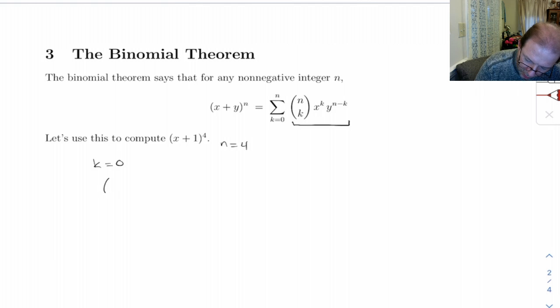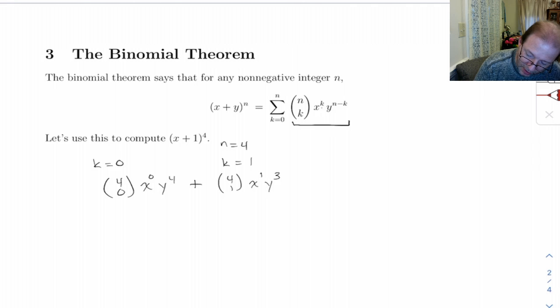So when k is 0, we're going to get 4 choose 0 times x to the k, y to the 4 minus k. The next term will be when k is 1: 4 choose 1, x to the k, y to the n minus k.